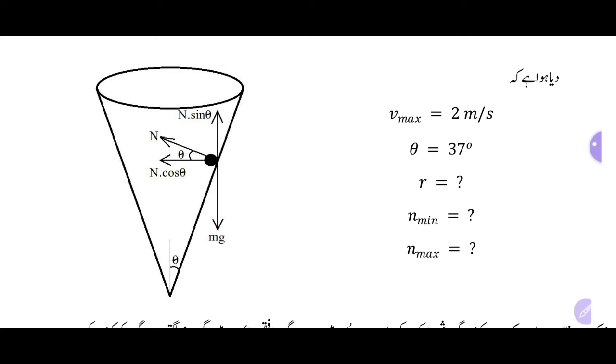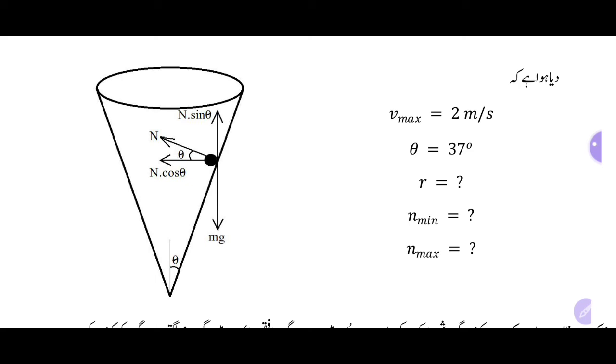So if we compare the vertical and horizontal lines, we can compare N sin theta with mg, and we can compare N cos theta with centripetal force, because centripetal force will be there to keep the ball revolving in circular motion.